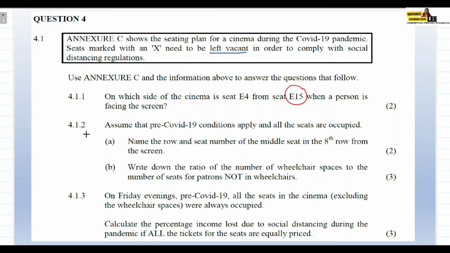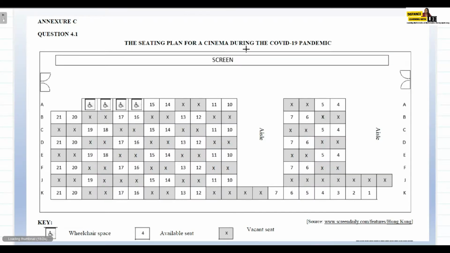Question 4.1.2: assume that pre-COVID-19 conditions apply and all the seats are occupied. So what does the word pre mean? The word pre means before. In this case, let's assume this seating arrangement was before the COVID-19 pandemic, meaning that we won't have these X's in our seating plan.